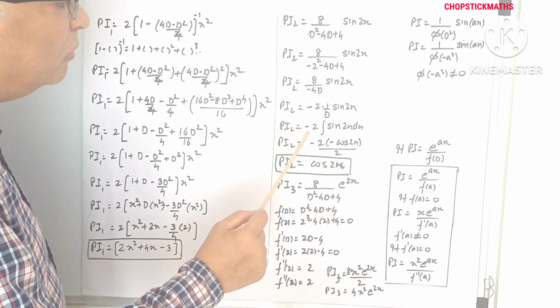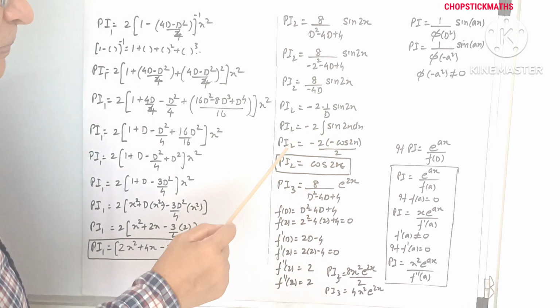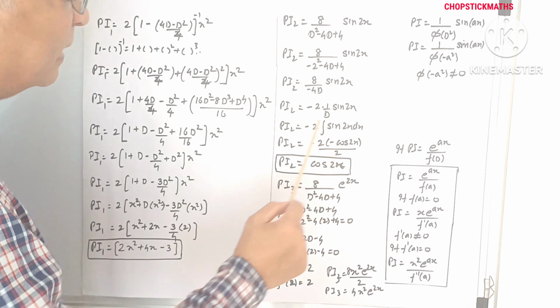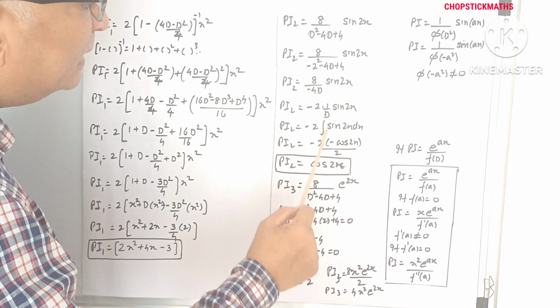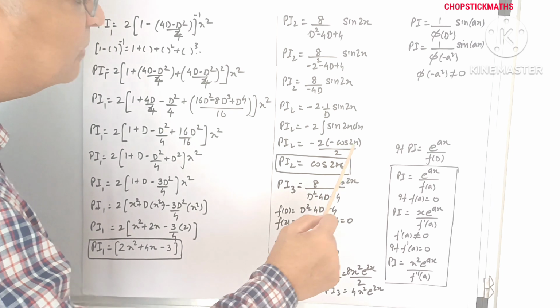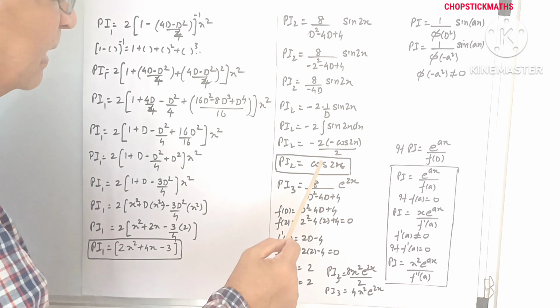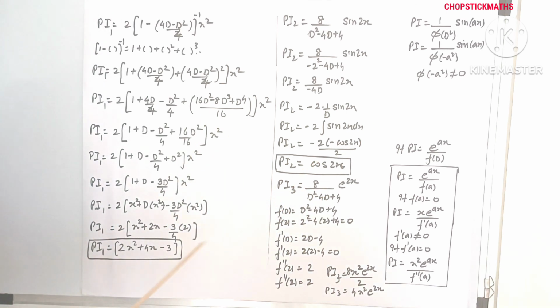So PI2 would be minus 2 into integral of sine 2x dx, and integral of sine 2x dx is minus cos 2x upon 2. So PI2 would be equal to minus 2 into bracket minus cos 2x upon 2. This 2 would cancel out, and minus would be plus. So PI2 would be equal to cos 2x.